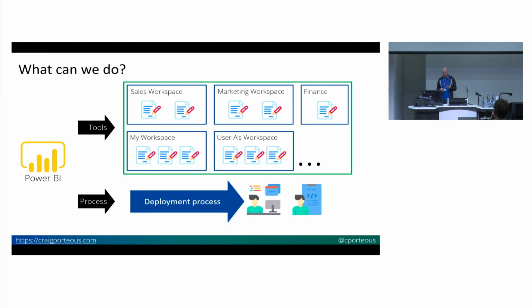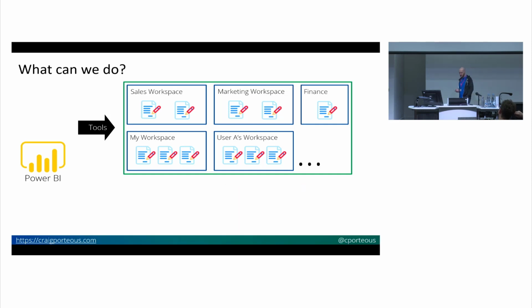Because at the end of the day, there's different job types. People are doing different things, and you can't force them to take on that deployment process. So the best approach is always to work around the people rather than change what people do. And that's the approach I'm going to concentrate on today.